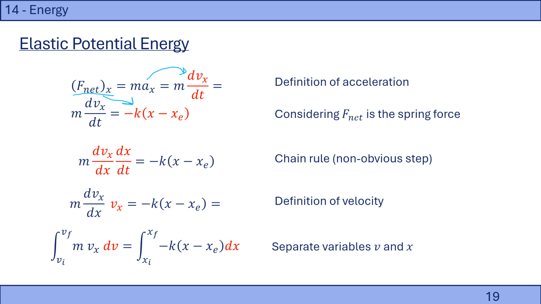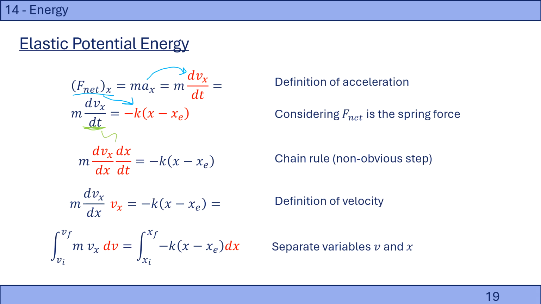This next step is a little bit strange. This is the chain rule acting on dv dt. And we did this before when we found the conservation of energy. If v is a function of x and x is a function of t, then dv dt is dv dx dx dt.